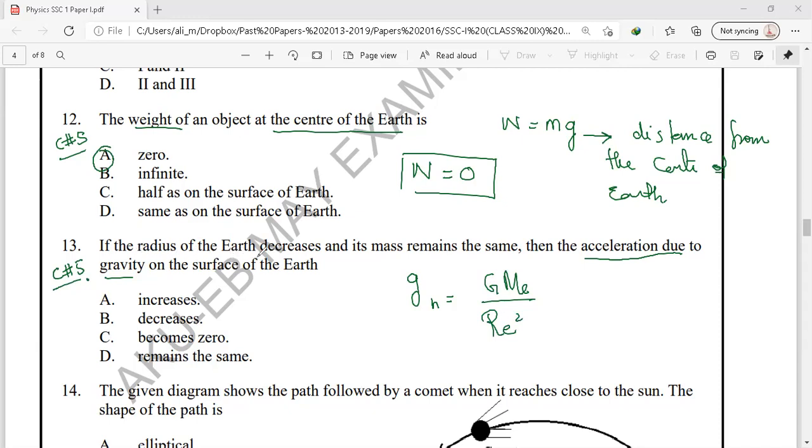If the radius of the earth decreases while G and the mass remain constant, we can see that gravitational acceleration is inversely proportional to the square of the radius of the earth. So if we shrink the size of the earth, gravitational acceleration will increase. The correct option for question number 13 is option A.